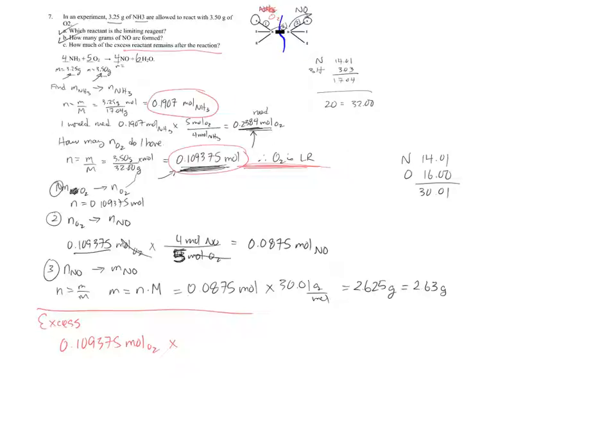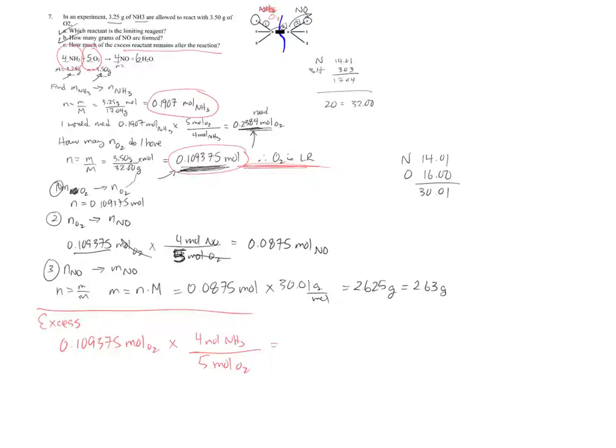So my reaction here, I'm going with oxygen and ammonia. So it'll be 4 moles of ammonia and 5 moles of oxygen. If I multiply this out, this will tell me how many moles of ammonia actually get used up. So, what was that number again?